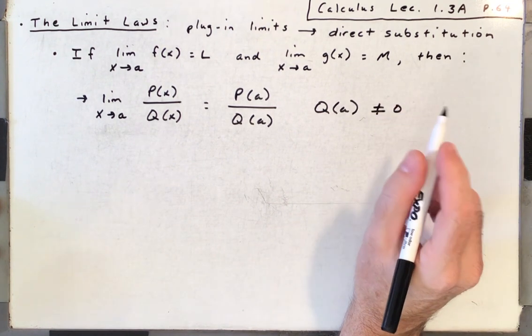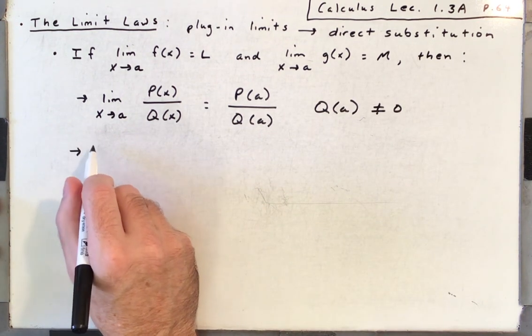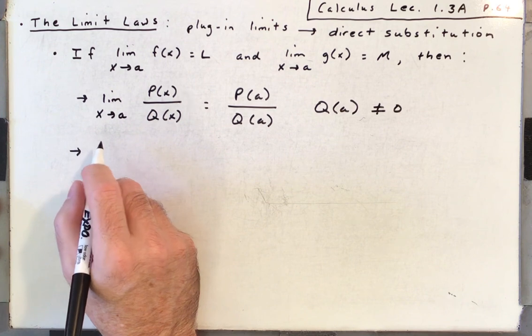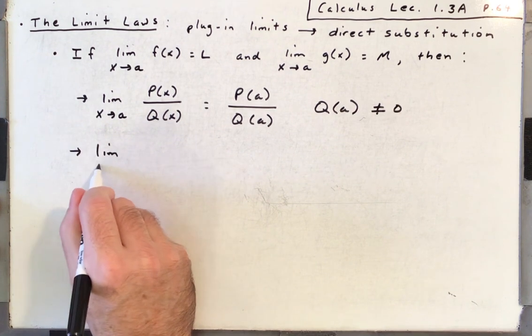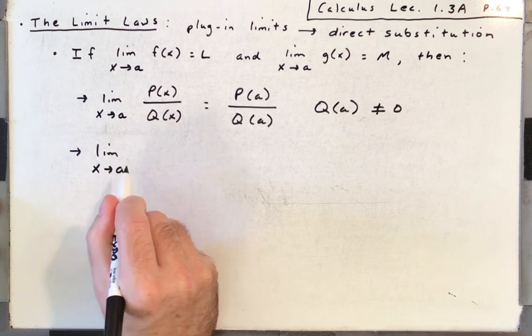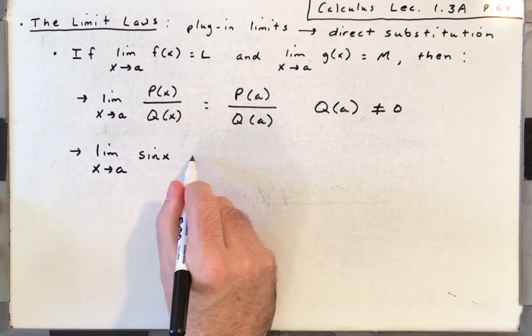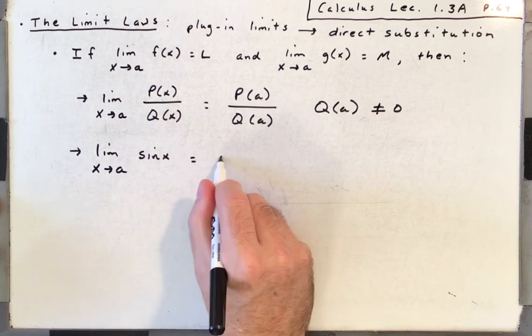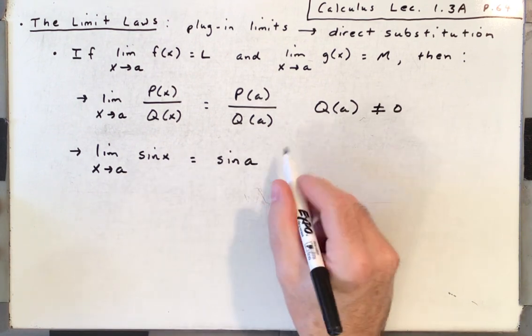All right, let's get into some trig, and we'll go over the unit circle in a minute and remind you of that. Let's say we have the limit as x approaches a of sine x. That's going to be sine a. Okay, we're plugging in a for x.